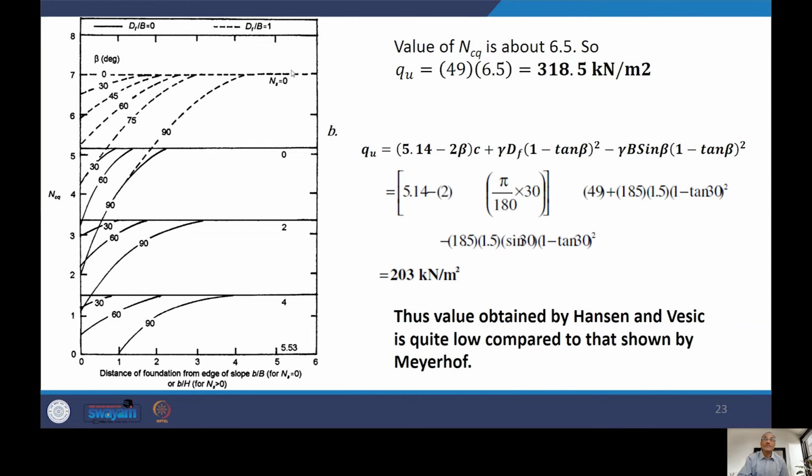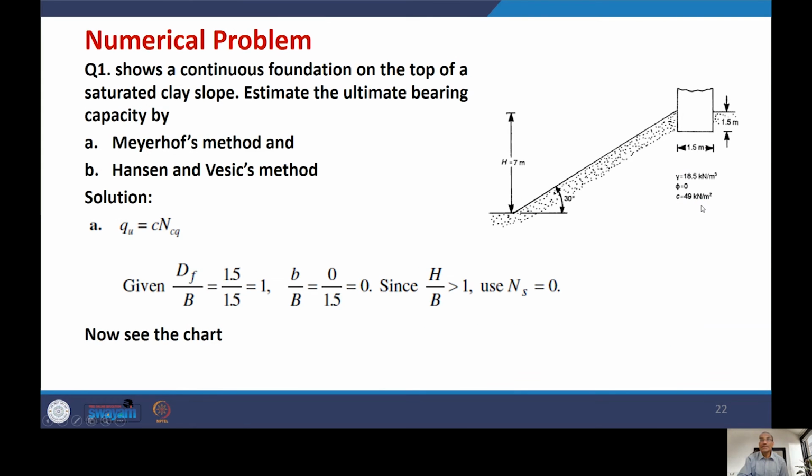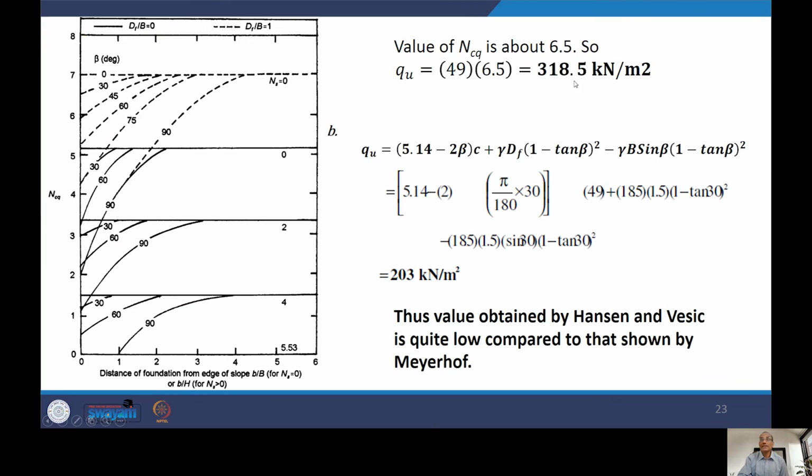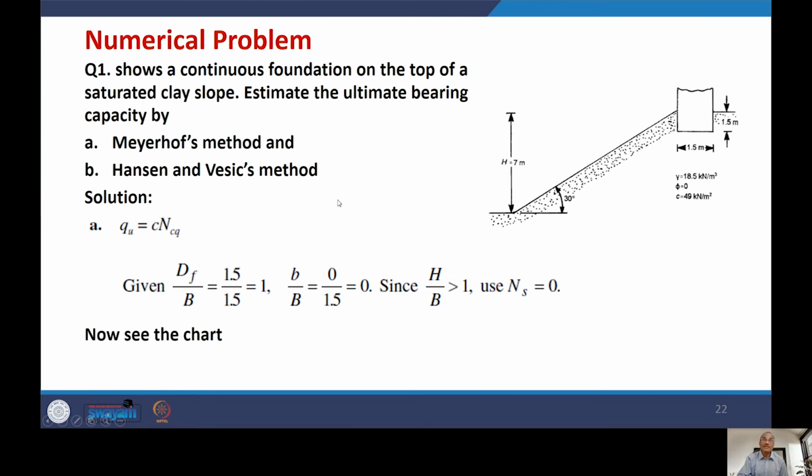So 6.5 is the value of Nc from this NcQ, and C is given as 49 kilopascal. So when you multiply, you get 318.5 kilonewton per meter square, which is basically kilopascal.